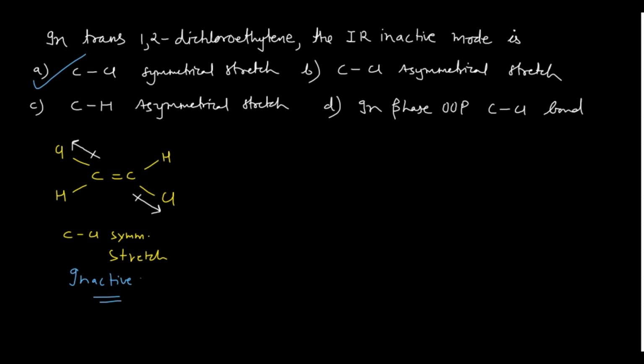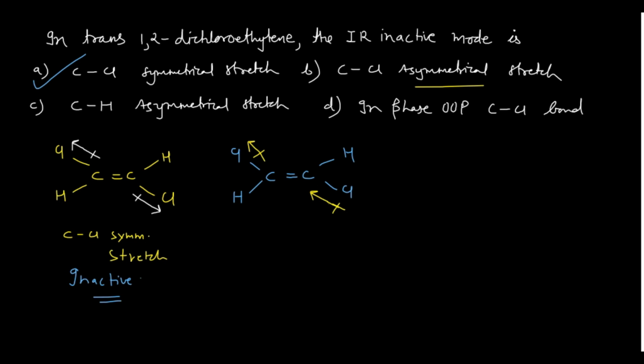How? You see, this is carbon double bond carbon, this is my hydrogen, this is my chlorine again. Draw the trans structure, already given in this question. And when it is your asymmetrical stretch, what will happen? This will go in that direction, and this will also come in that direction. You know these are vectors, dipole moment sign should be here actually.